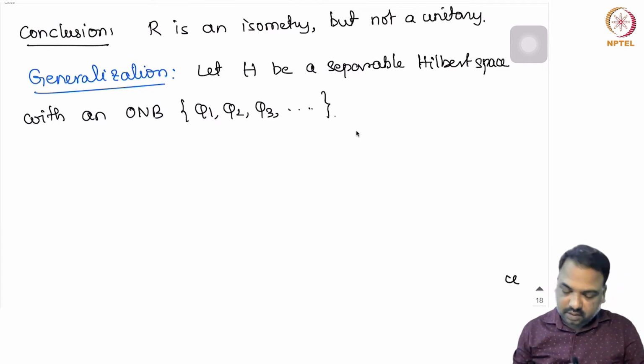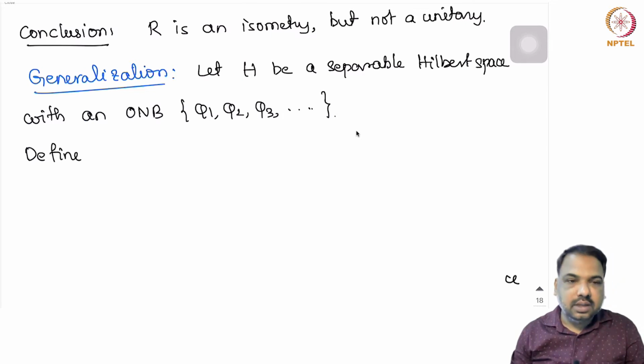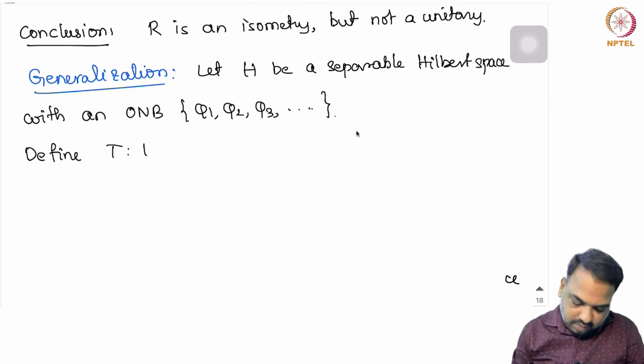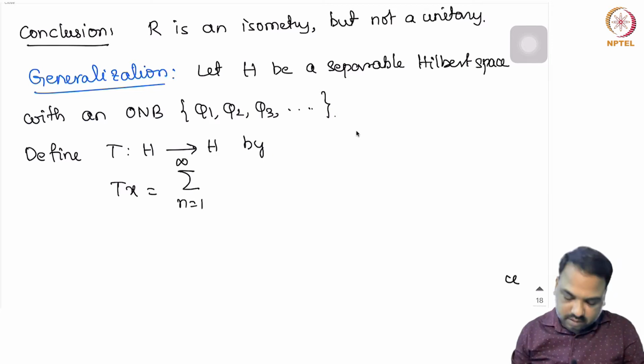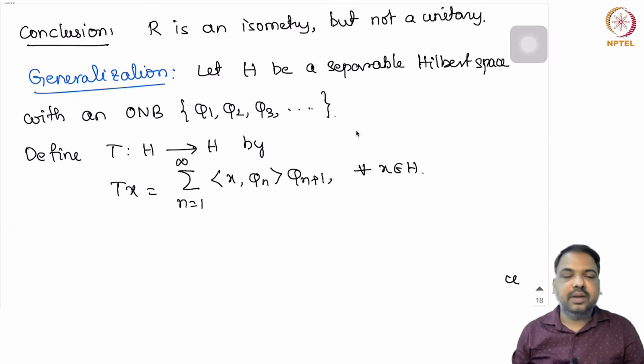Define T from H into H by T of x equals the summation n equal to 1 to infinity of inner product x with phi n, multiplied by phi n plus 1, for every x in H. This is exactly the generalization of the right shift operator that we have defined on L2.